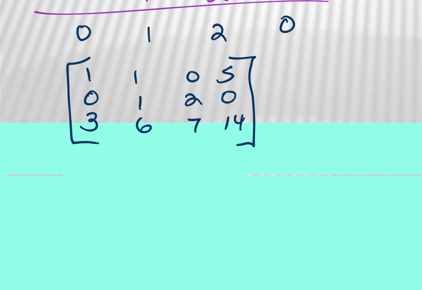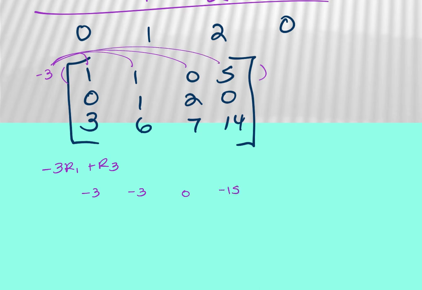Good. Negative 3, row 1 plus row 3. So everything in row 1 is going to get a negative 3. And then again, we distribute. So negative 3, negative 3, 0, negative 15. And then 3, 6, 7, 14.